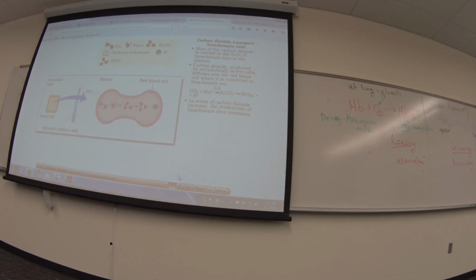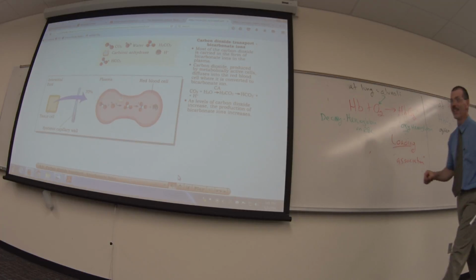ASE means enzyme, anhyd means without water. Carbon is what it's based upon. So on my red blood cells, I'm going to take carbonic anhydrase to convert CO2 plus H2O into an acid and some ions at my RBC in my blood. So far, so good? Okay, let's keep going.